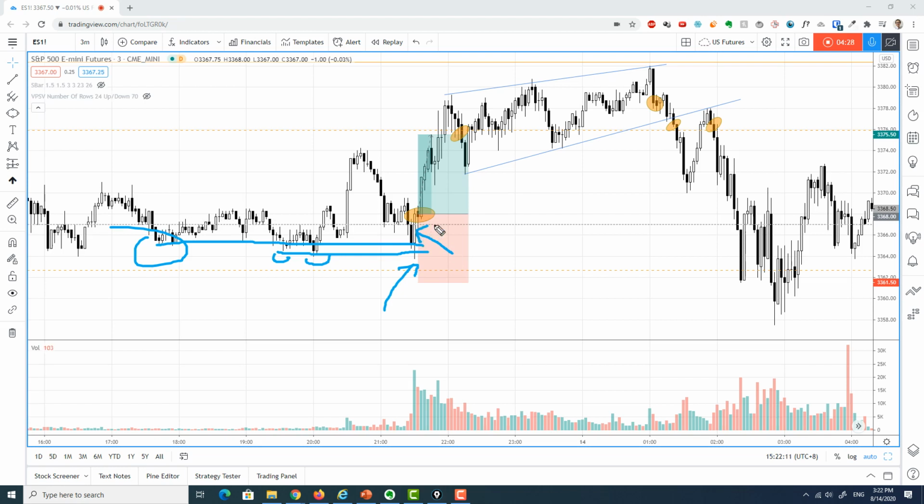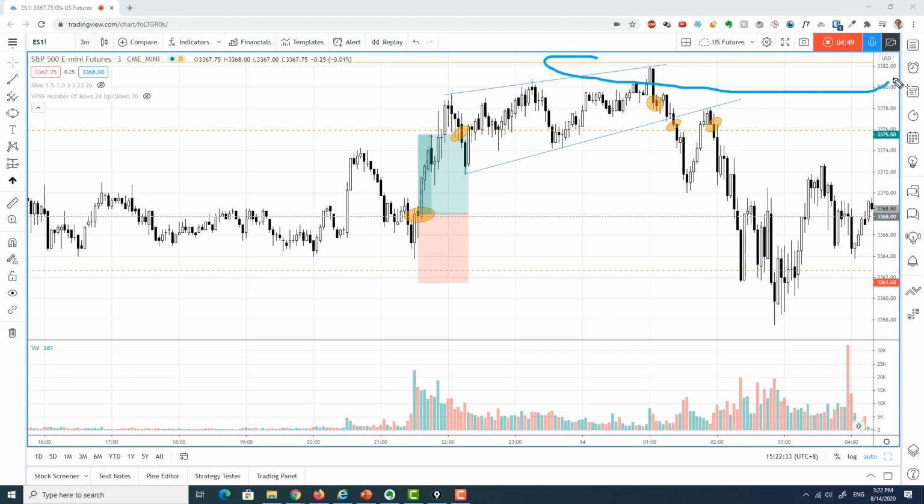This is the spring type of action together with the reversal bar, and it's right at the opening at 9:30 p.m. So I took my chance after the close of this bar and entered the long position, with the anticipation to ride it to the swing high level near 3380.